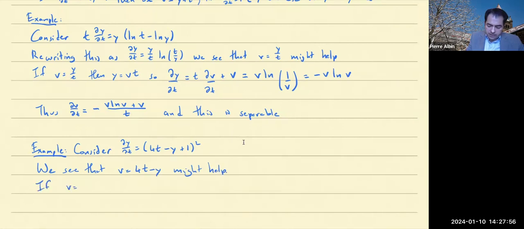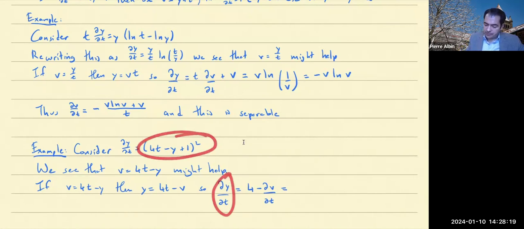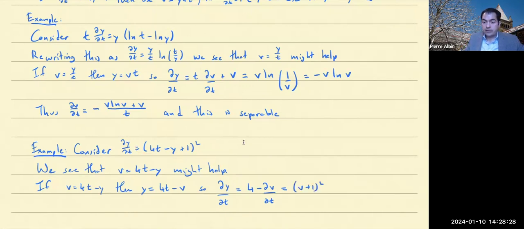Okay, well, if v is equal to 4t minus y, then y is equal to 4t minus v. So the derivative of y with respect to t is equal to 4 minus the derivative of v with respect to t. On the other hand, the derivative of y with respect to t is equal to this. So if we write this using our new variable, we see that it's (v plus 1) squared, right?